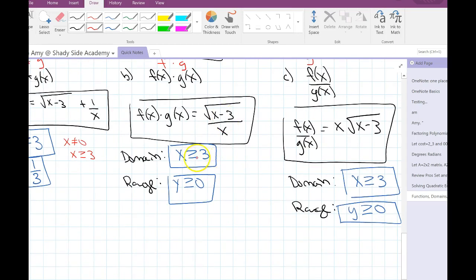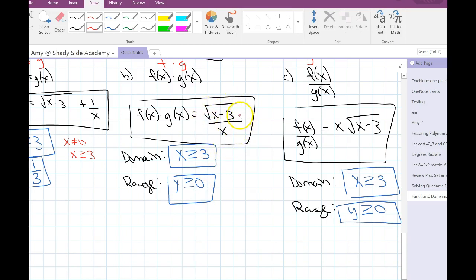The domain here is x is bigger than or equal to 3 for the same reasons as before. So yes, I know x can't equal 0, but saying that x is bigger than or equal to 3 will satisfy this condition as well. And this one's interesting. What is the range? Well, notice, when x equals 3, the whole quotient equals 0.